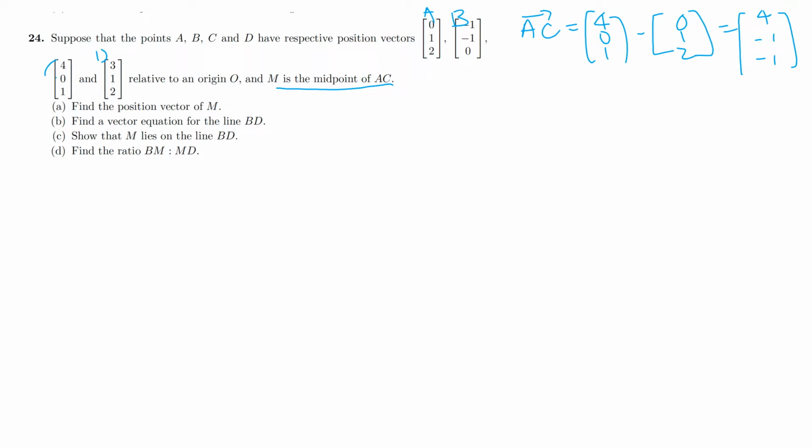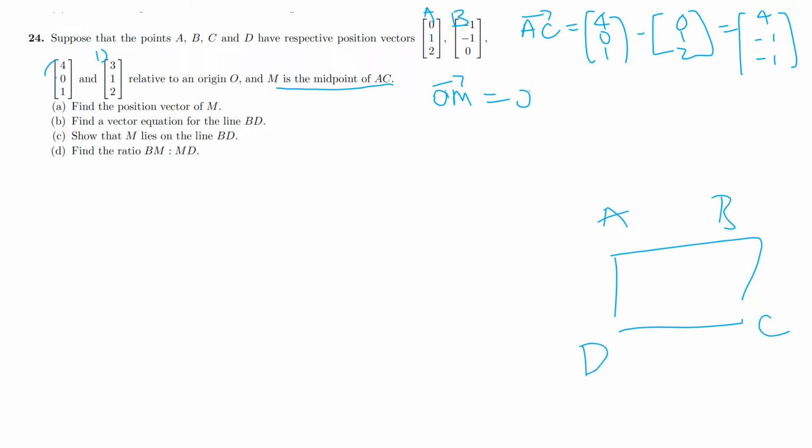So therefore, if we're looking for the position of M, so we're looking for OM, and it's halfway along AC, then if it helps, draw a picture. Something like A, B, C, it could be anywhere, I'm just drawing it like this.